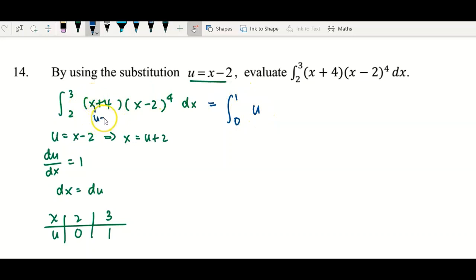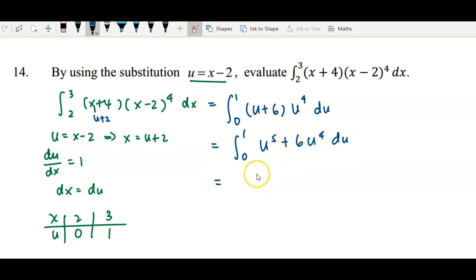This is u plus 2, plus 4, then you will have u plus 6 over here. You put it here. And x minus 2 is going to be replaced by u, and you have a power of 4. Alright, so now I'm going to expand it. Expand, you have u to the power of 5 plus 6u to the power of 4.